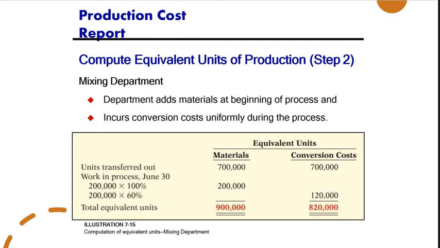So, ganyan lang i-compute, parang kanina din lang. Diba, na-transfer na ito. Pag na-transfer na, automatic na, 100% na rin dito, kasi lahat ng materials, labor, and overhead, andito na lahat. Work in process as of June 30, 200,000. Materials cost, 100%. Pagdating sa conversion cost, 60% lang daw. So, 60% din siya. Okay?